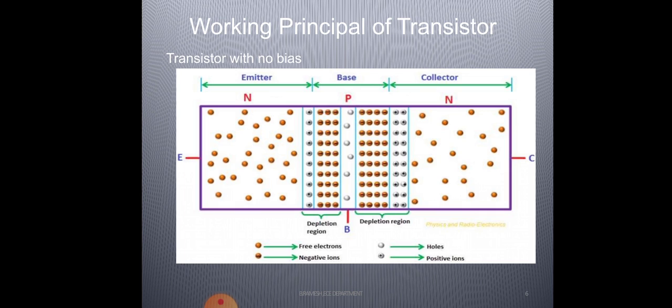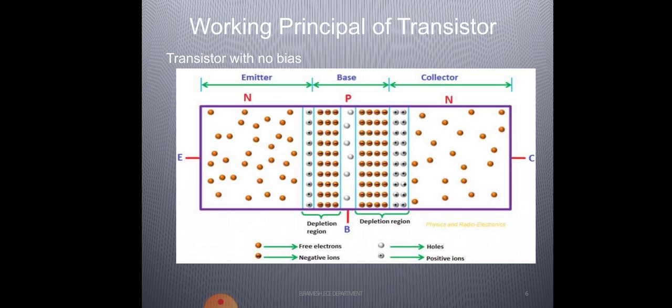Again, the collector region has electrons, but compared to the emitter, the collector region has fewer electrons, and the P region, the base region, has very few holes.